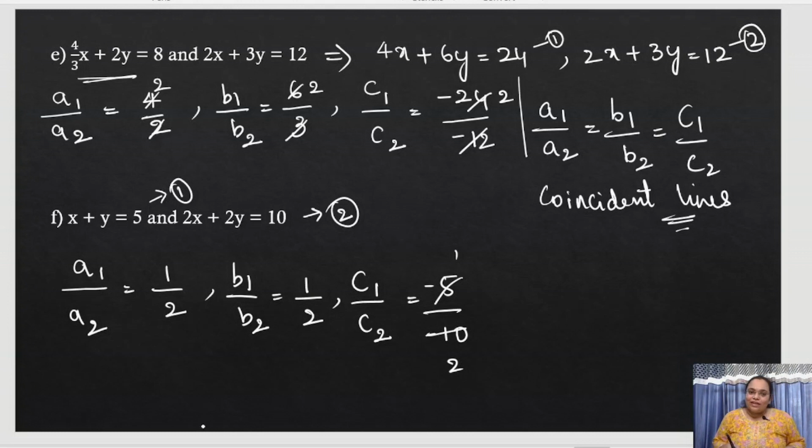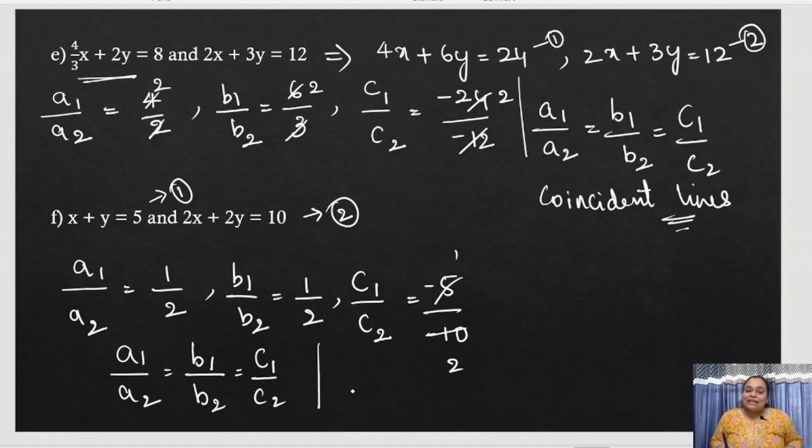So seeing all the ratios, we can say that a1 by a2 is equal to b1 by b2 is equal to c1 by c2. Okay. So even this condition is for coincident lines, right? Coincident lines. Okay. So they have infinitely many solutions.